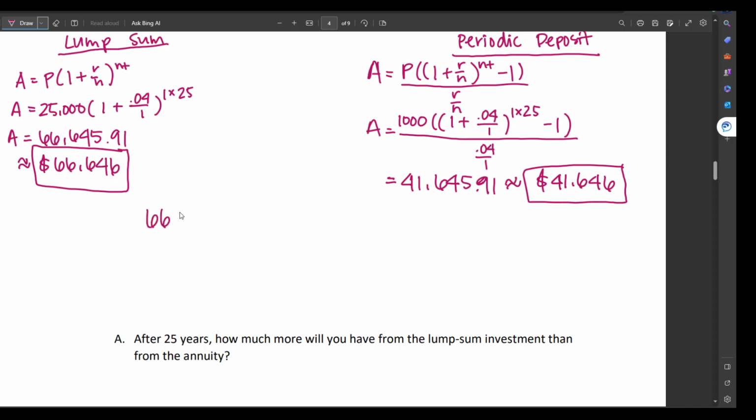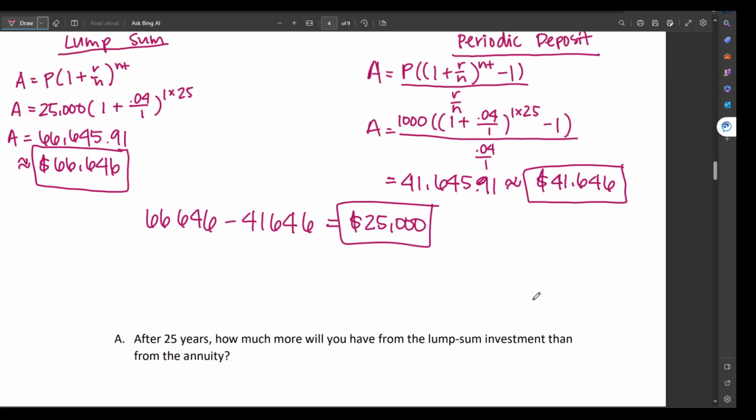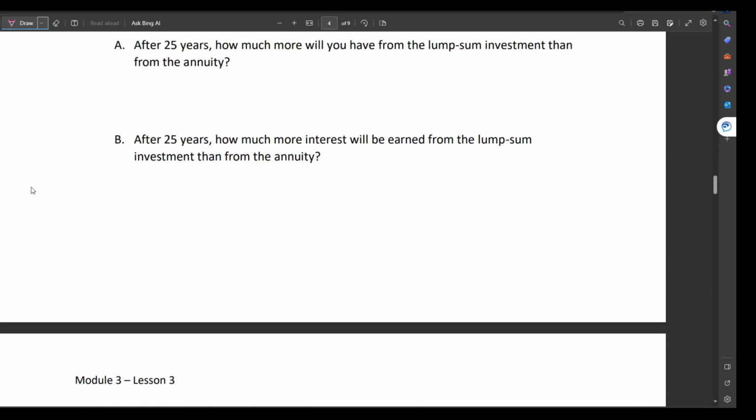So 66,646 minus 41,646, $25,000. Okay. And then part B says how much more interest will be earned from the lump sum. So let me move this down here. I'm not sure why those questions are so close together.